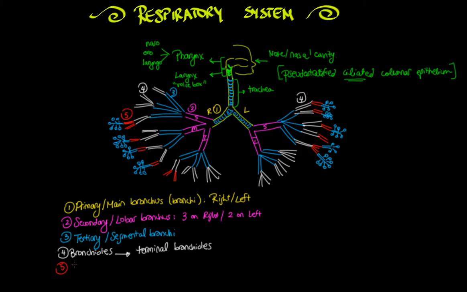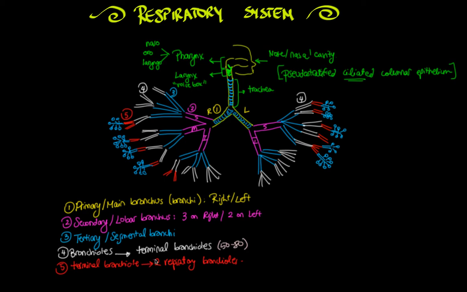Each terminal bronchiole is going to give rise to around 2 or more respiratory bronchioles. And each bronchiole, by the way, gives rise to around 50 to 80 terminal bronchioles. So just to give you an idea, you have many, many branches of bronchi, then bronchioles, etc.